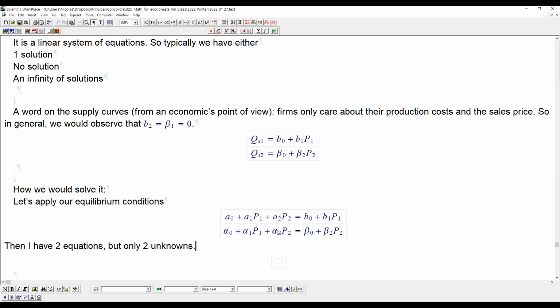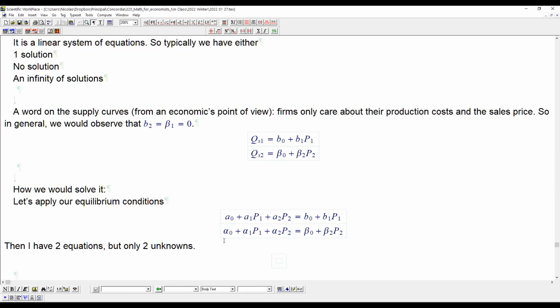So then I can just solve for P1 or for P2. Doing this isn't all that interesting, so I'm just not going to go further. You can guess what's coming. Instead, we're just going to have some small examples.